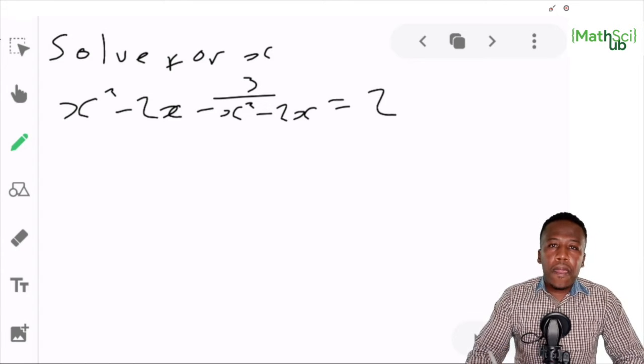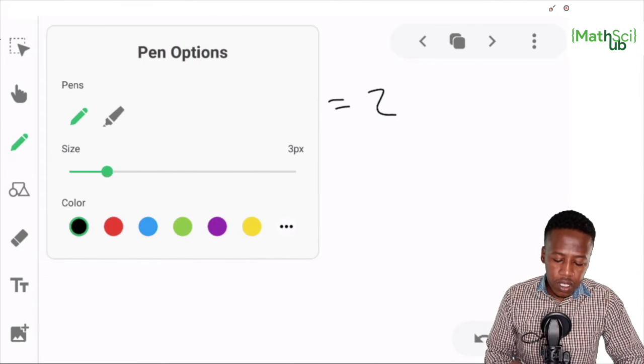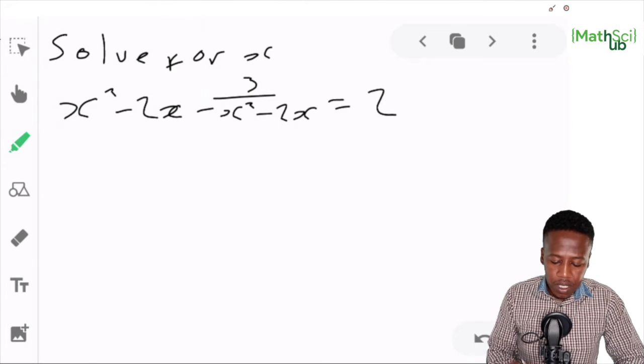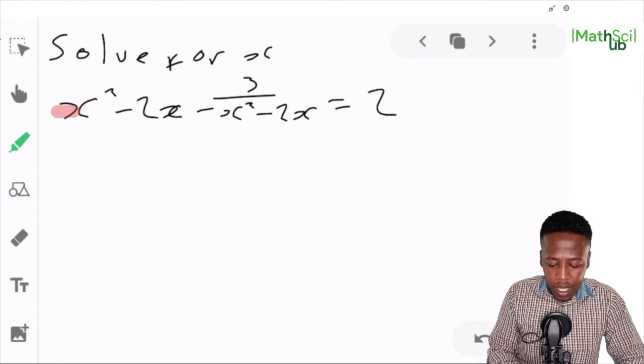Now when you solve for x using substitution method, what you need to figure out is which terms are repeating themselves. Now in this case, we have x squared minus 2x minus the very same thing, but then it's in the denominator.